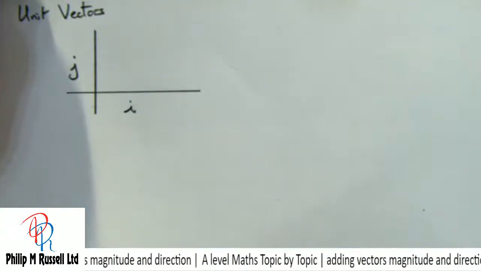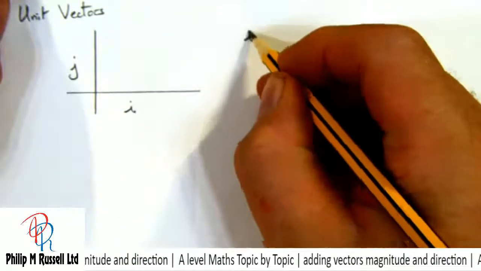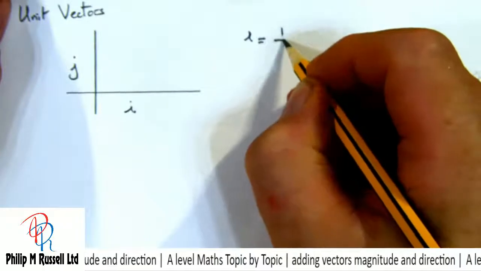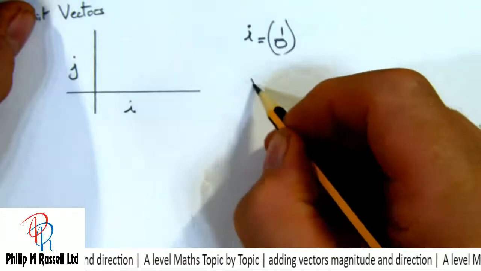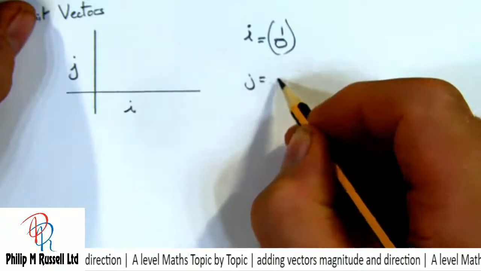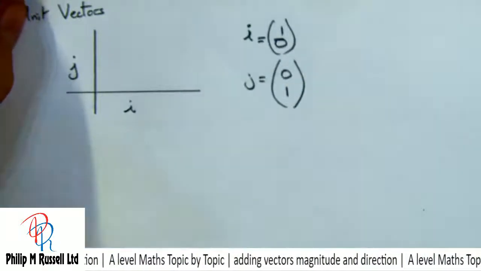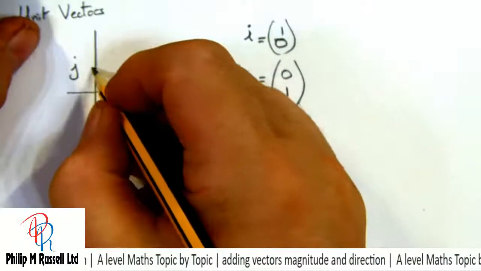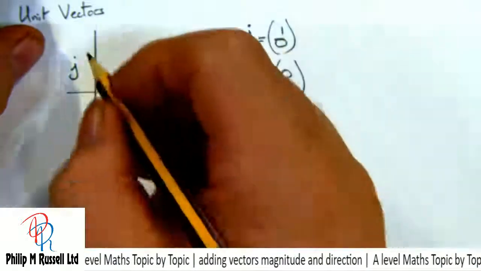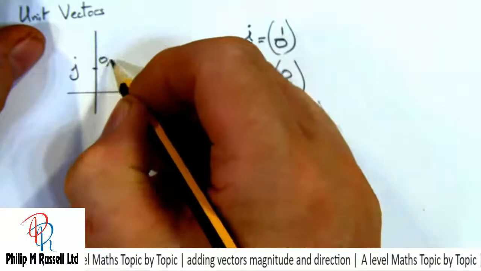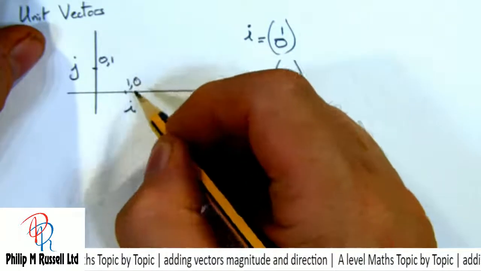If I want to represent them, i equals 1, 0 as a column vector, and j is 0, 1. So j, if we assume this is position 1, is going to be 0, 1, and this one's going to be 1, 0.